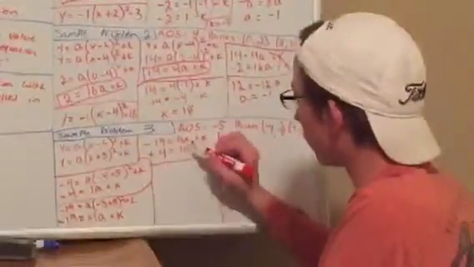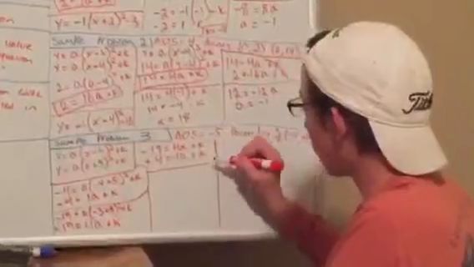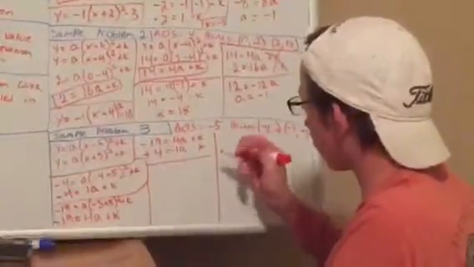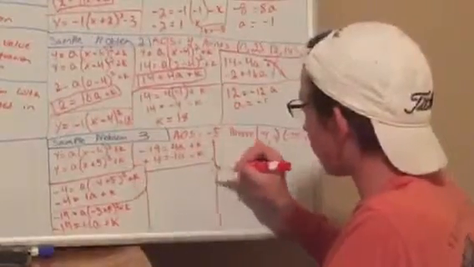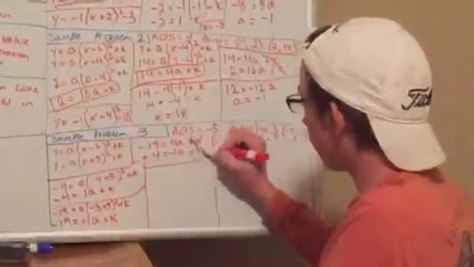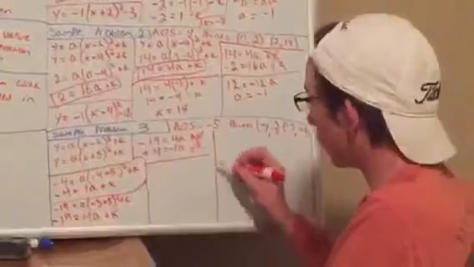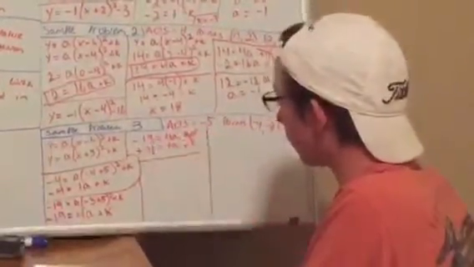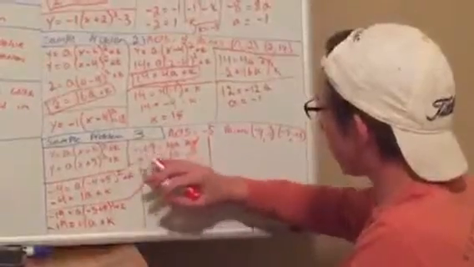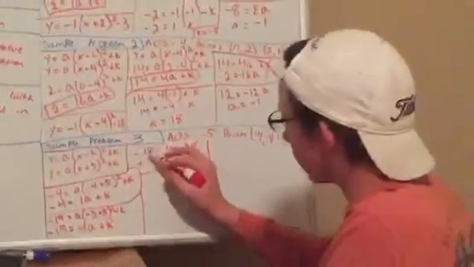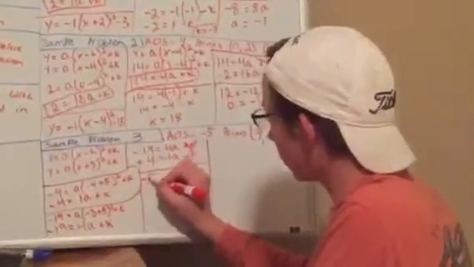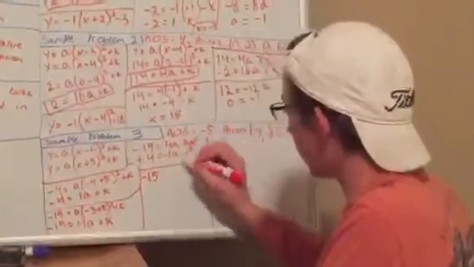Negative 1 times 1 turns into negative. And negative 1 times positive k turns into a negative k, which will once again cancel out, so we won't have to deal with the k just yet. We have to subtract what's on the bottom from the top. Negative 19 plus 4 is negative 15.